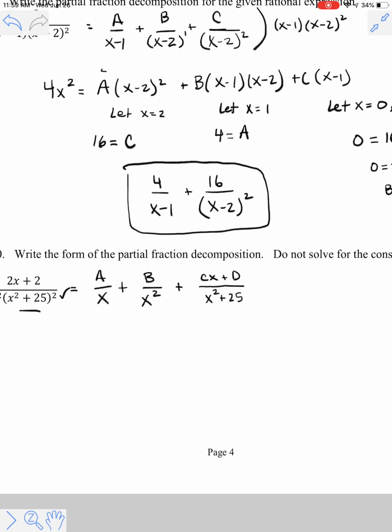But because it's repeated, I have to do it again. That would be the form of the partial fractions. It would be a nightmare to solve for a, b, c, d, e, and f, so we're not going to do it. And it doesn't ask us to, it just says write the form. So that would be the form.